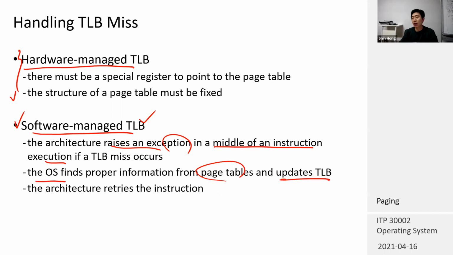And then what? Okay, the TLB is now updated and holds the page table entry information for the instruction which raised a TLB miss on its first trial. So after finishing the exception handler execution, then what?